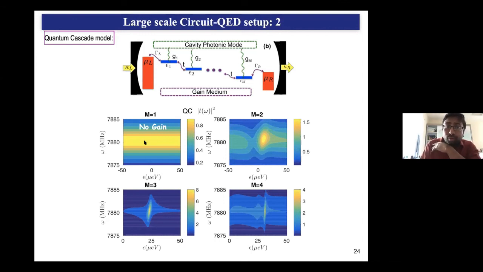The reason for not having any gain here is that you don't have any resonance condition. You need at least two quantum dots to satisfy a resonant condition. So for a single dot you won't have a gain, you at least need a double quantum dot, which is m equal to 2, and you see a gain. It then has some non-monotonic behavior in terms of gain, but at least you can scale up the gain by increasing this medium.